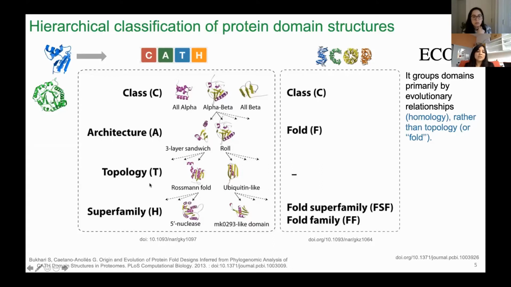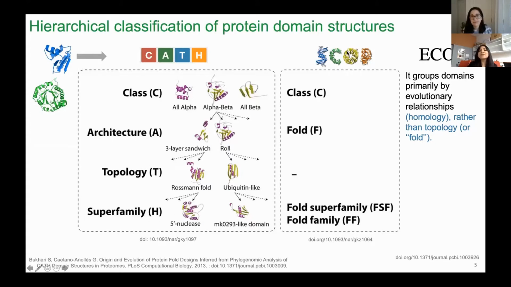Then we have the topology level, which is about how each of these secondary elements are arranged and connected to each other, I mean the connectivity. The last level is about homology, as the H says, and these are encompassed in the superfamily level. So all homologous domains will be in the superfamily level.